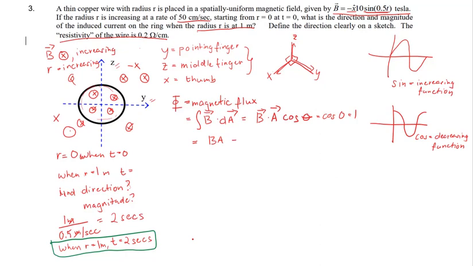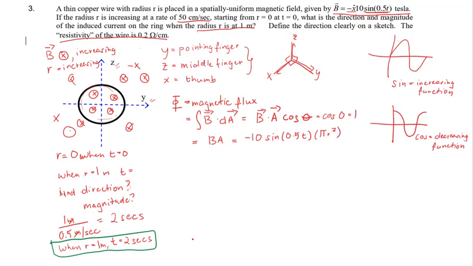So we have BA. But that only works here if the magnetic field is parallel to the area. That just becomes negative 10 sine 0.5t times the area of the circle, which is pi r squared.